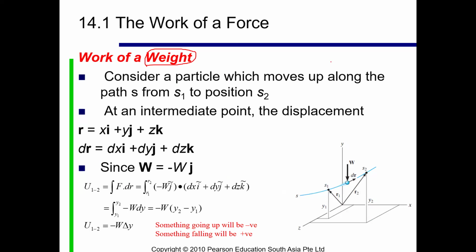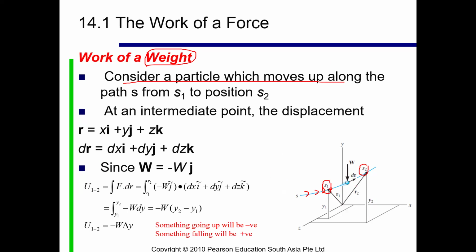Here again, for example, consider that a particle is moving up along the path S from S1 to S2 position. So again, the particle is moving along this path S from the initial position, which is S1, to the final position S2, right? And the particle is shown here.